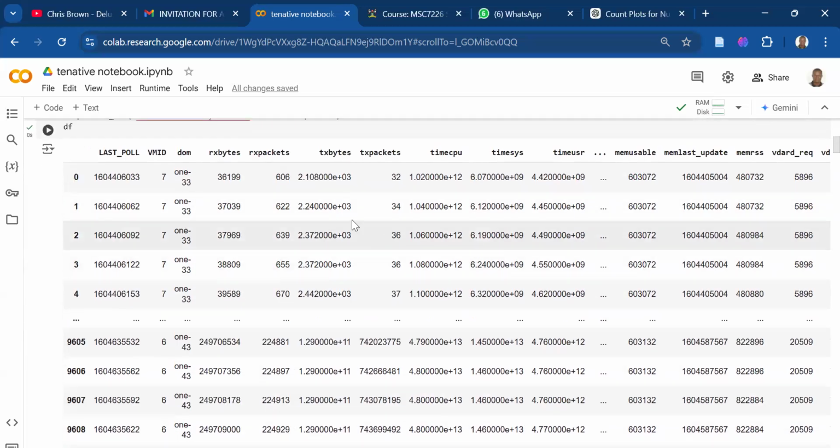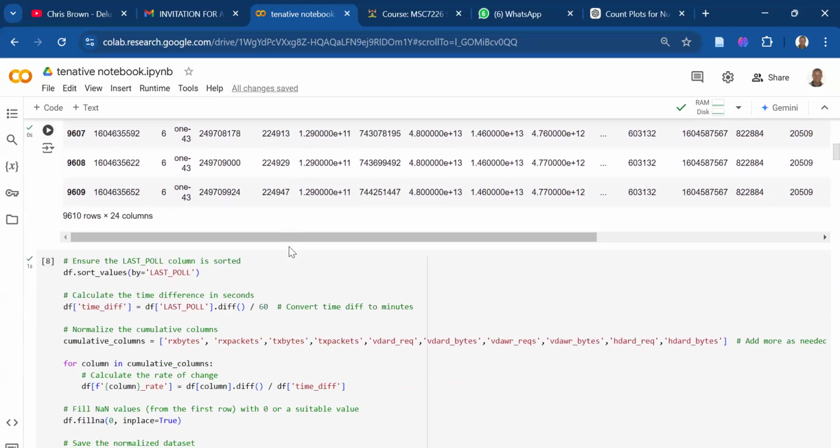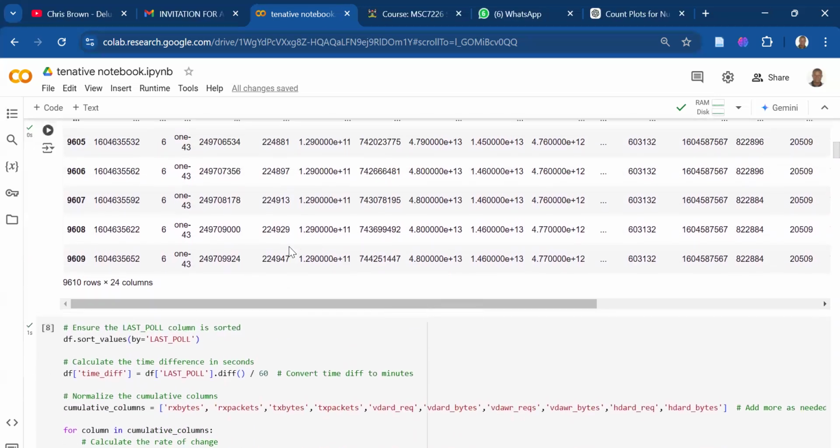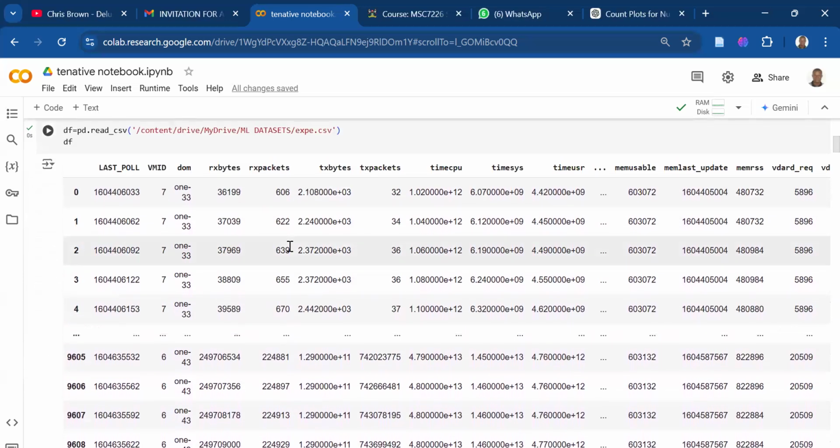This data here, as you can see, the columns are cumulative. So I had to scale them down to normalize these cumulative columns. I used the normalization formula, whereby I got the difference in the timing, last poll, and then the difference in the cumulative values.